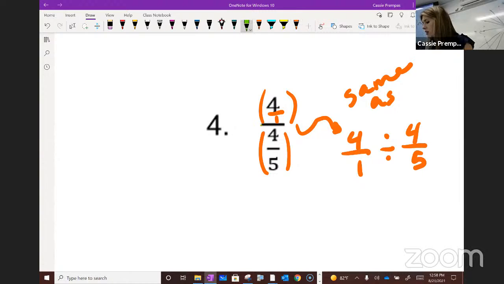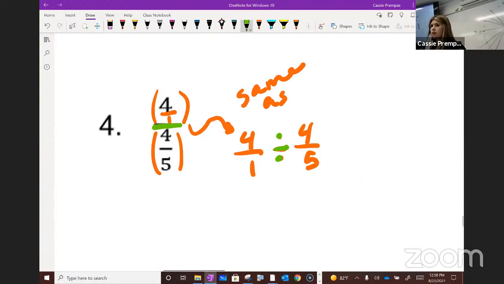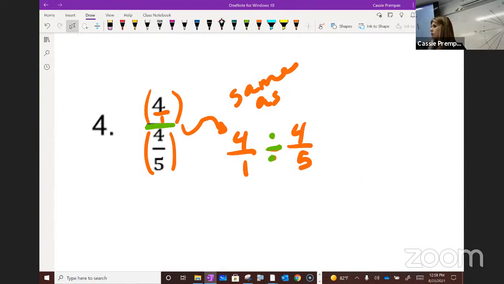Hopefully you guys remember that these bars are the same thing as a division symbol. Now that I see it written in that way, how do I simplify? Yes, nice. We need to flip it. So 4/5 is going to become 5/4. And that divide sign is going to be changed to a multiply symbol. And always keep the position of the first fraction. So we have 4 over 1 times 5 over 4.